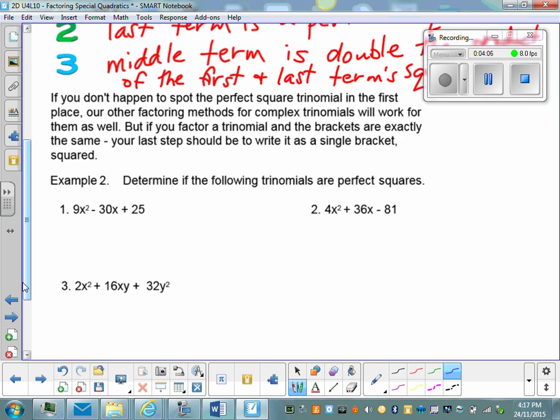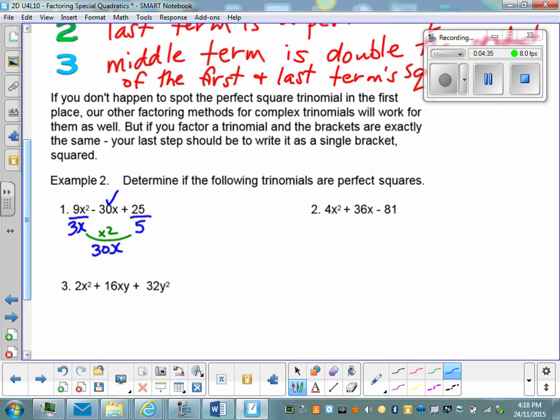So if we're determining if these following trinomials are perfect squares, the first term has to be a perfect square. And the square root of that's 3x. The last term has to be a perfect square. The square root of that is 5. And if I multiply these together and then times them by 2, I get 30x.